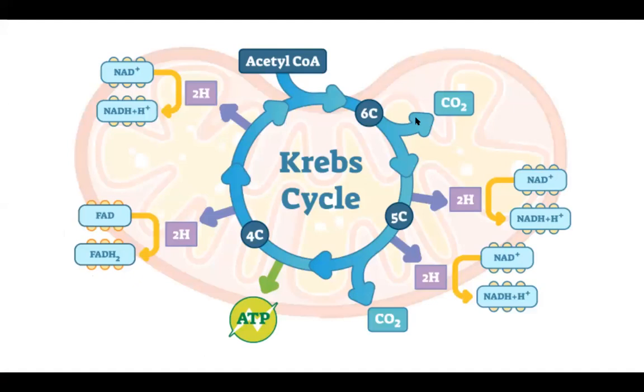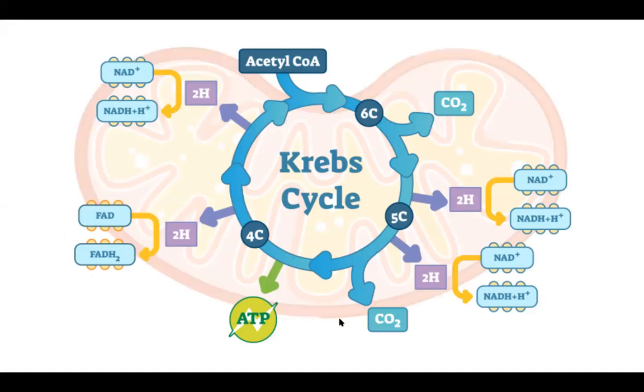So here is kind of an idea of what's released. It doesn't really tell you what happens, but if you'll notice, these numbers are decreasing, and the C refers to carbon. So acetyl-CoA goes into the Krebs cycle, and it is originally a 6-carbon molecule. Then something happens, and now it's a 5-carbon molecule, then a 4-carbon molecule, once again. It does this a couple times.